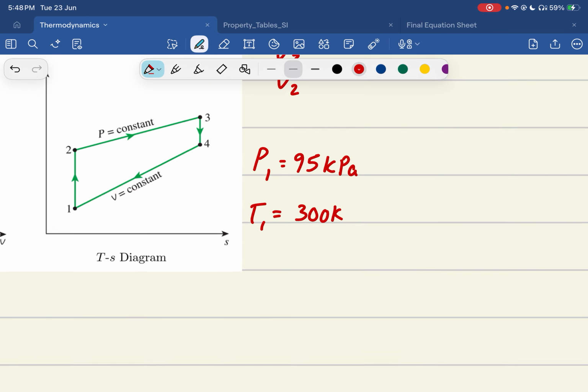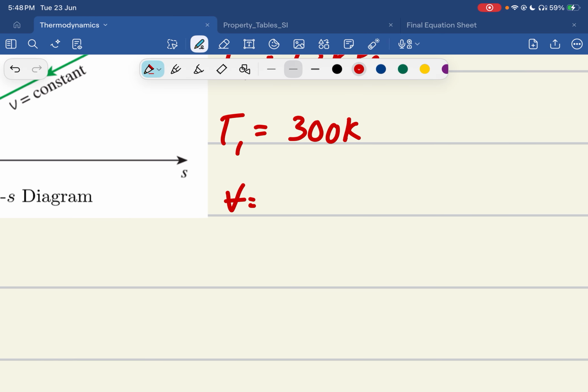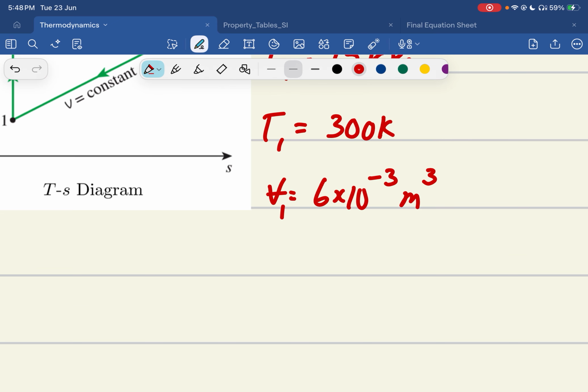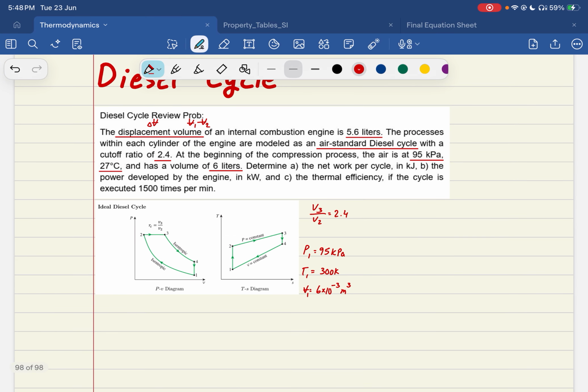So V1 is 6 times 10 to the negative 3 meters cubed. And we want to determine the net work, the power developed of the engine in kilowatts, and the thermal efficiency if the cycle was executed 1,500 times per minute.